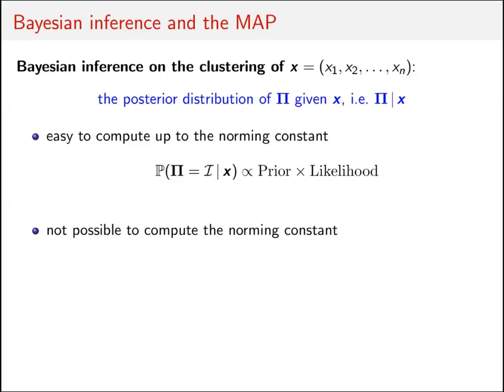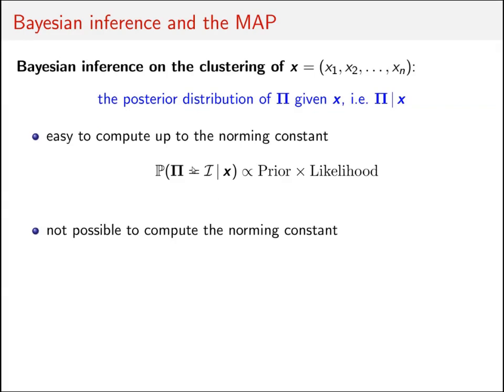But now, setting those technical problems aside, imagine that we are requested to give an estimate of the partition structure. What is the natural choice in this model?